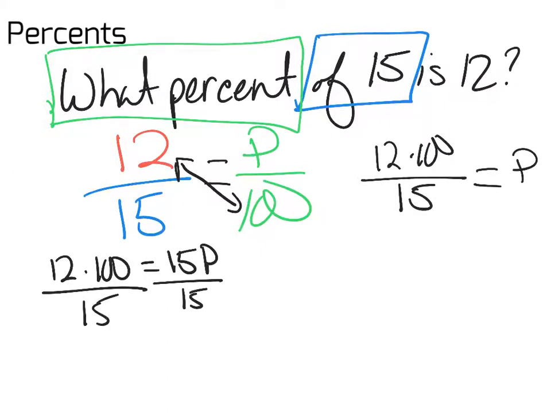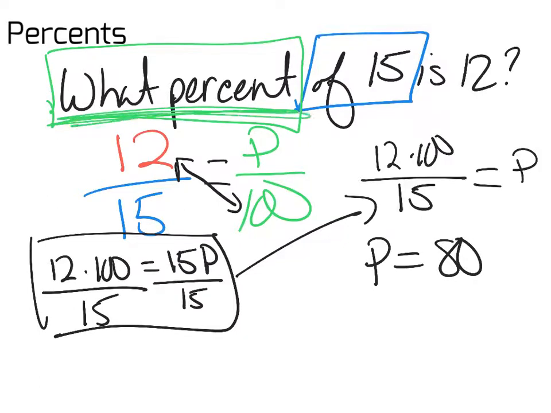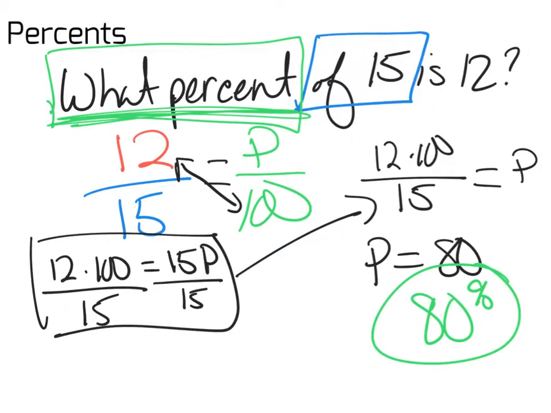I just skipped that step and went straight to 12 times 100 divided by 15. If I plug that in my calculator, I get that P equals 80. But if P is 80, my real answer is what? Remember, I'm asking what percent of 15 is 12? So my answer is 80%. Make sure when you're solving for P, you remember to make it a percent by putting that percent label there.